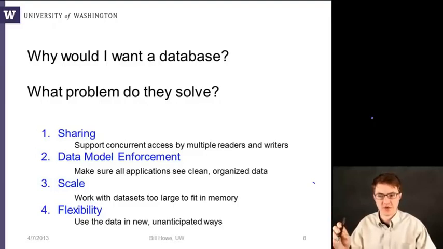Okay. Another is the enforcement of a data model. You might say, well, look, I use a rows and columns data model, or I use a hierarchical data model, but there's some sort of software that needs to enforce that. And so this is something that databases can do. Now remember, the data model is not just the raw structure of parents and children, say, with trees, or rows and columns.